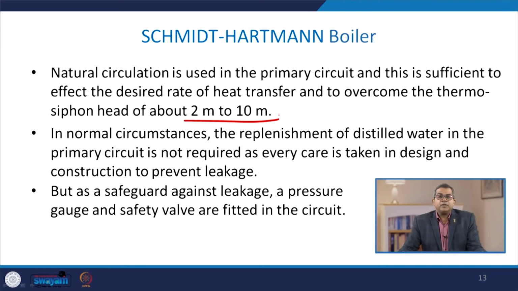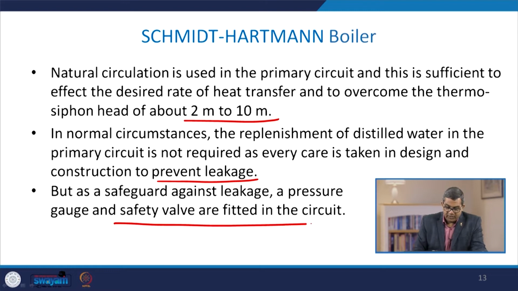In normal circumstances, replenishment of distilled water in the primary circuit is not required, as every care is taken in design and construction to prevent any leakage. So, proper water balancing is always there. But as a safeguard against leakage, a pressure gauge and a safety valve are fitted in the circuit. So, it is quite evident from the figure.